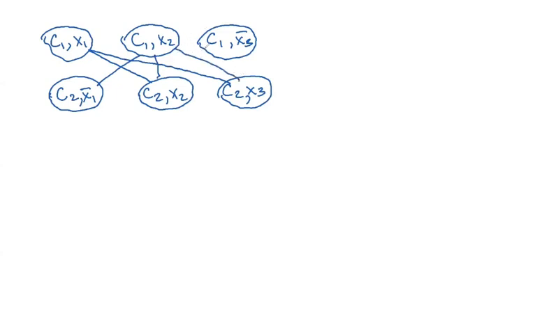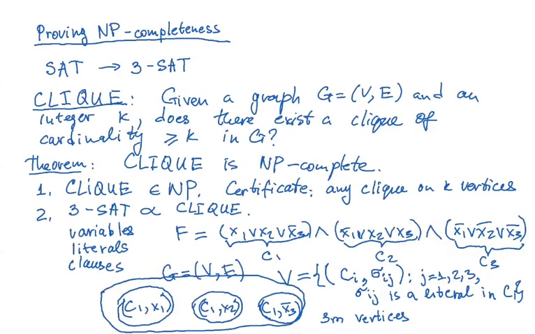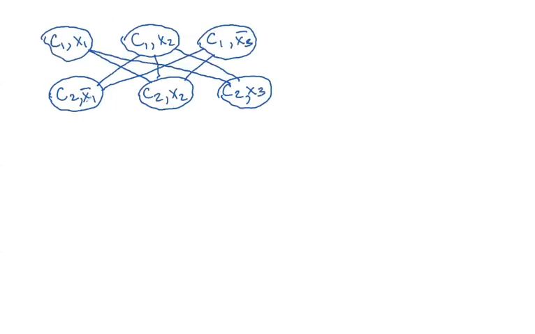And for this one, we'll have two neighbors in the layer corresponding to the second clause. Okay, then let's draw the third one. In the third one, we have the negations of all the variables. So we'll have C3 not x1, C3 not x2, C3 not x3.